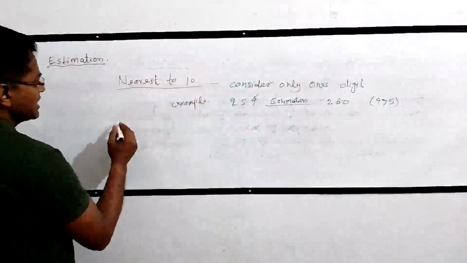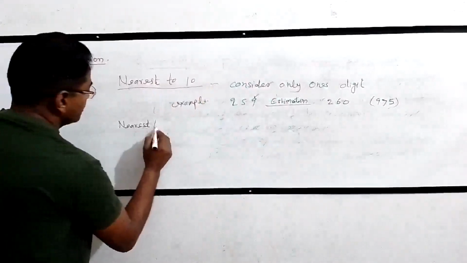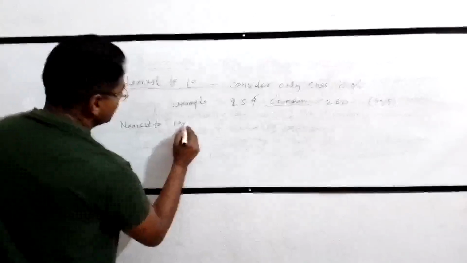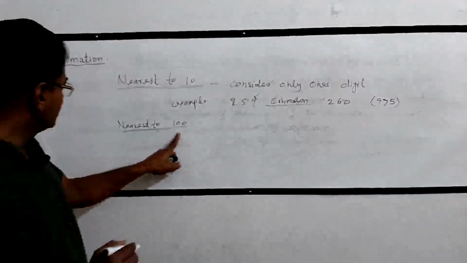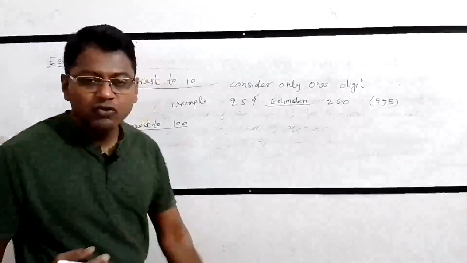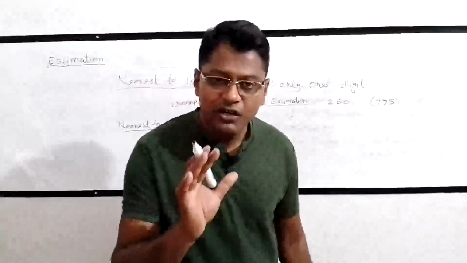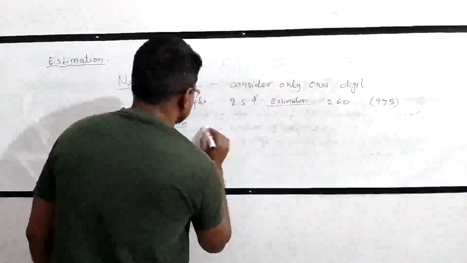Understood? In the same way, estimation nearest to 100: here you have to consider only the tens digit.